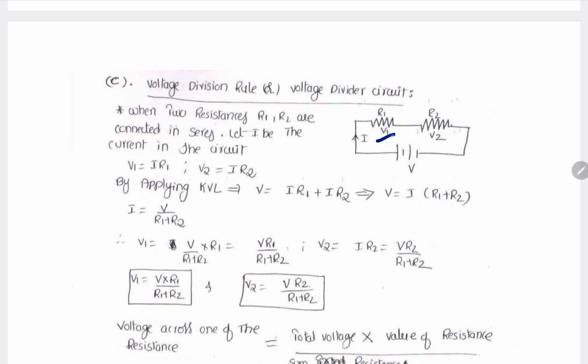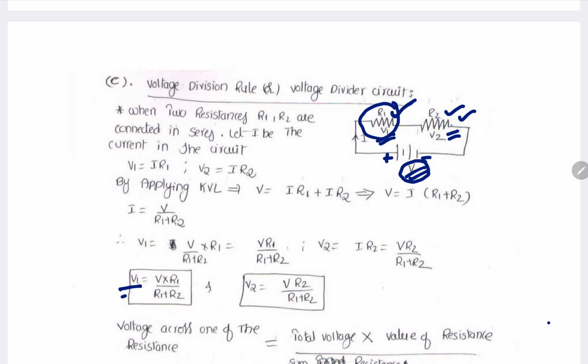See here, R1 and R2 both are connected in series across the power supply V, and this input supply V is dividing into two parts, V1 and V2. Let us say I know the total voltage V, but I want to find the V1 value or the V2 value. How to find them? Let us say I want the voltage across R1, V1.